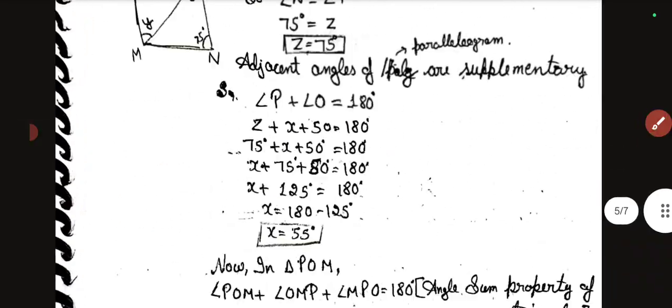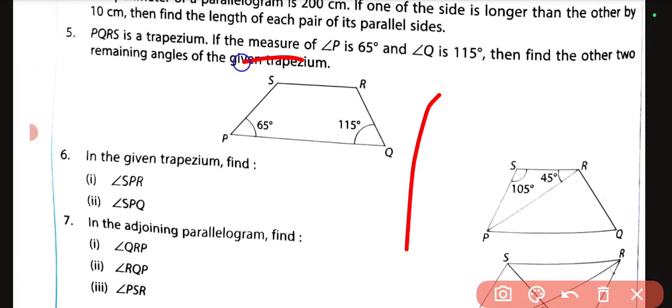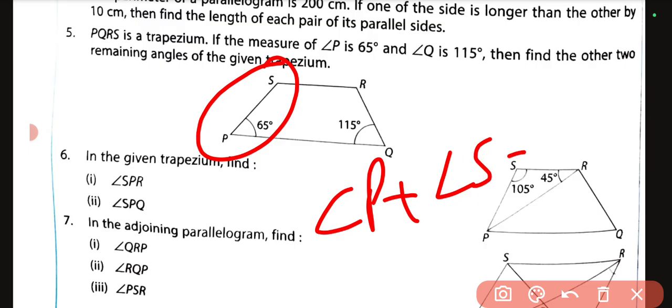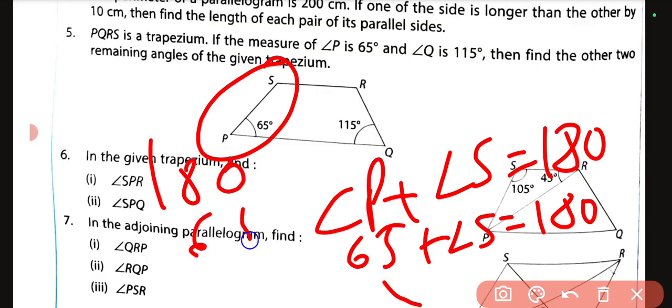Let's see in the figure, these are adjacent angles. So angle P plus S is equal to 180 degrees. The reason is that the sum of adjacent angles in a trapezium is 180 degrees. The value of P is 65, so angle S is 180 minus 65, and you get the answer.